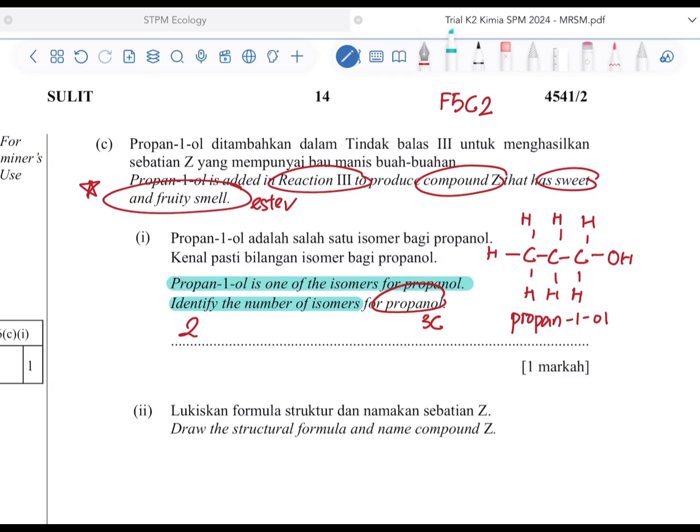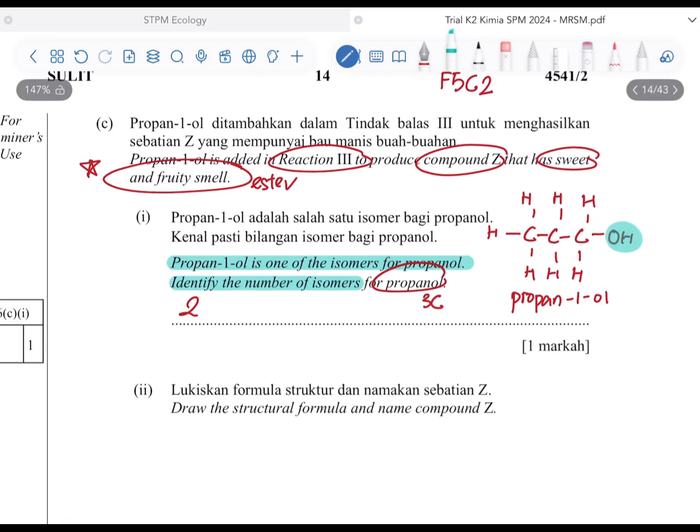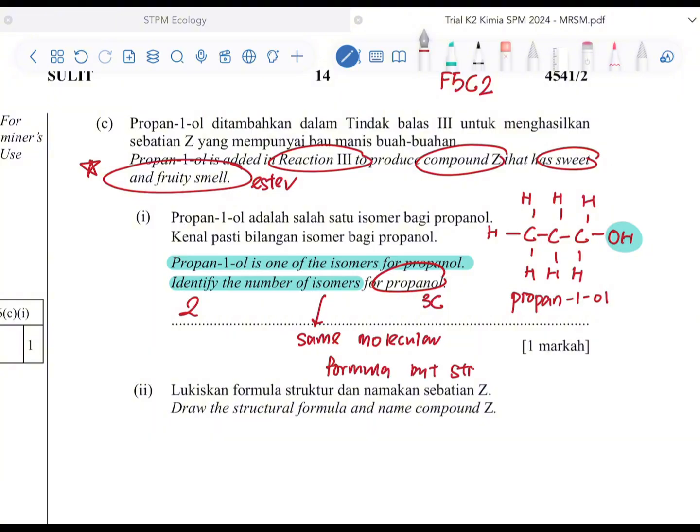1-ol. For isomers, you already know what an isomer is, right? They have the same molecular formula but different structural formulas. It means they have the same formula, just that the arrangement of the atoms for the isomer will be different.